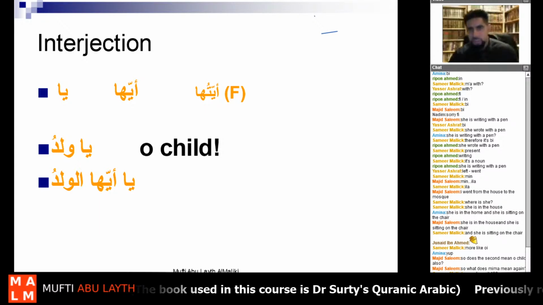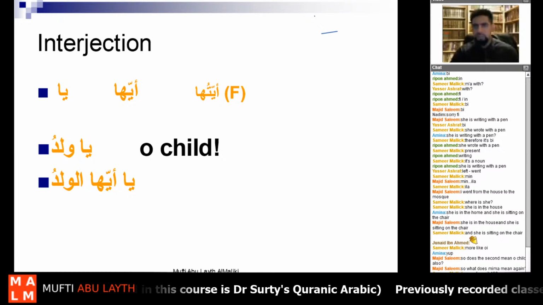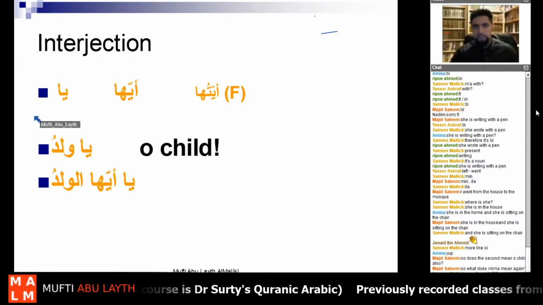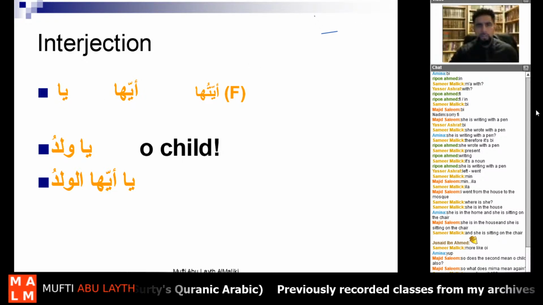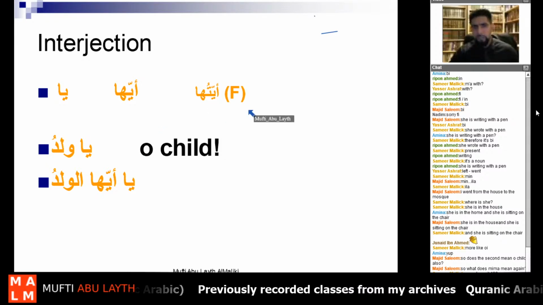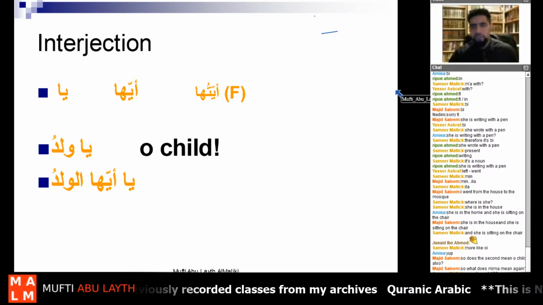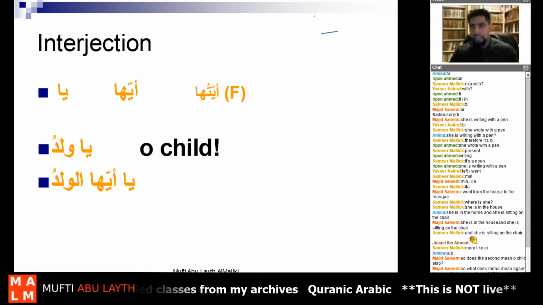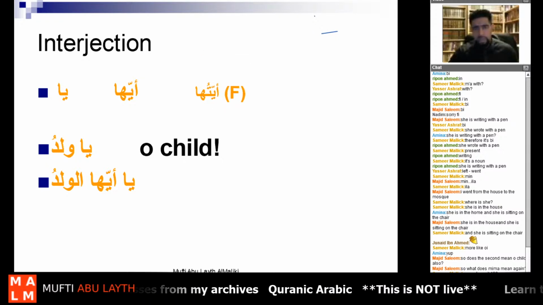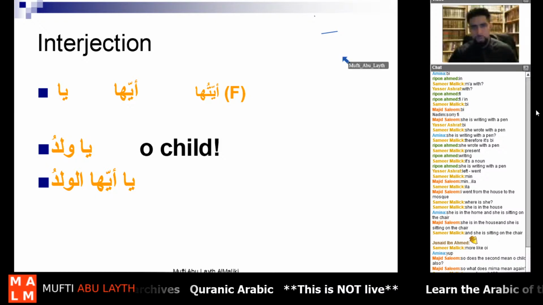The interjection, which is to call out, which is just ya before the word, but if it comes, the word loses its tanween. Also, you can use ya, you can use ayyuha, or you can use ayyatuha for feminine. However, ayyuha and ayyatuha can only be used in front of words which have the definite al before them. And then, last but not least, we've looked at compound interrogatives, question words.